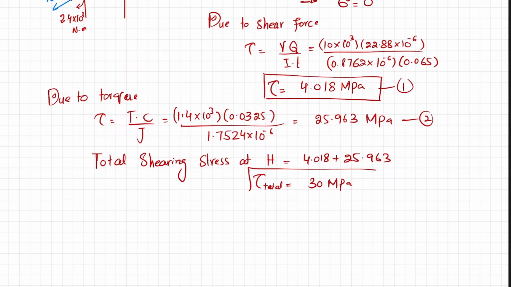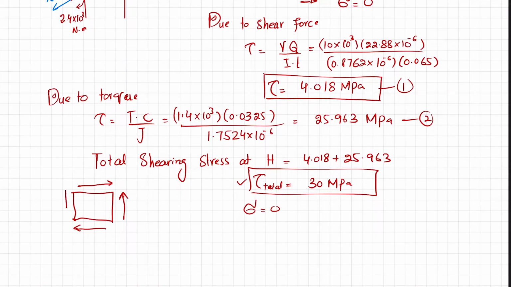So what we have concluded is that at point H, if we draw an element, sigma is equal to 0 and the total stress is this one. So it means that we have 30 megapascal only shearing stress. So this is your shearing stress, tau H is equal to 30 megapascal.